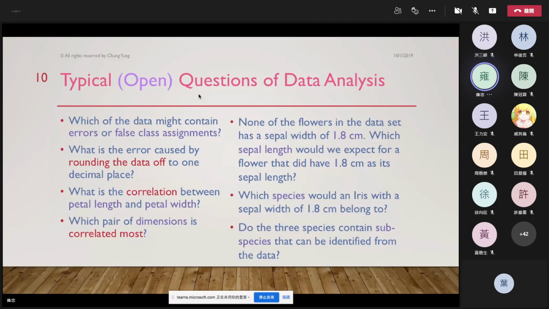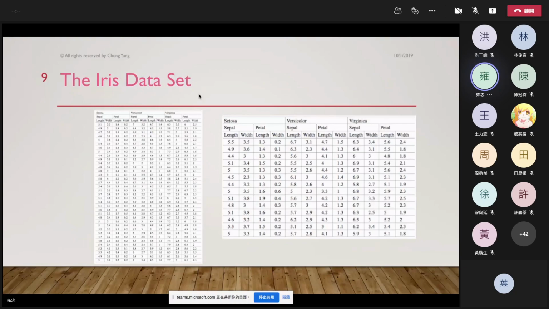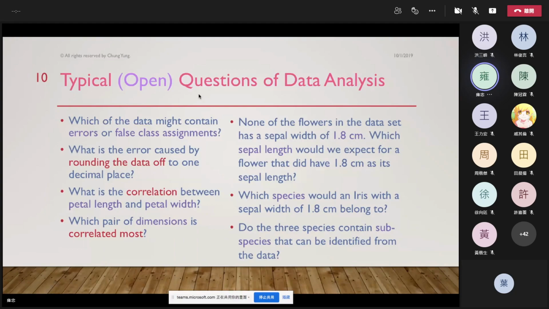I believe so, but since I only look at the right hand side, I could not tell yet. If you look at the whole data set, maybe you can observe the answer to this question. Okay, these are some typical questions for the iris data set.